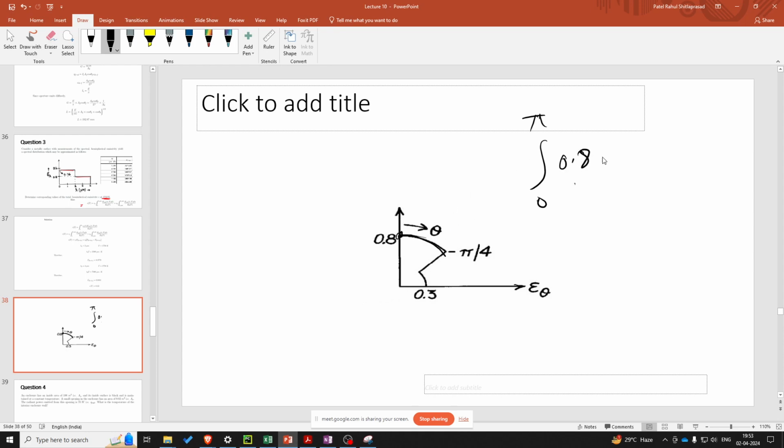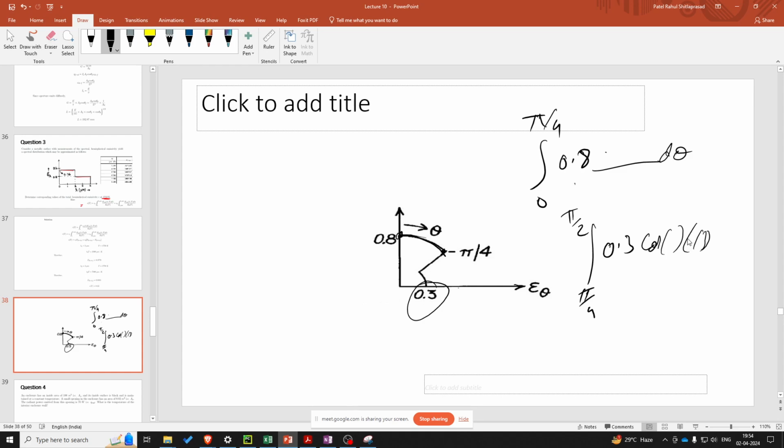Then you will have some terms over here, cos theta and sin theta d theta from 0 to pi by 4. And for the second part, you have been given pi by 4 to pi by 2, and for pi by 4 to pi by 2, the emissivity is given by this 0.3, and over here we will have cos theta and sin theta.